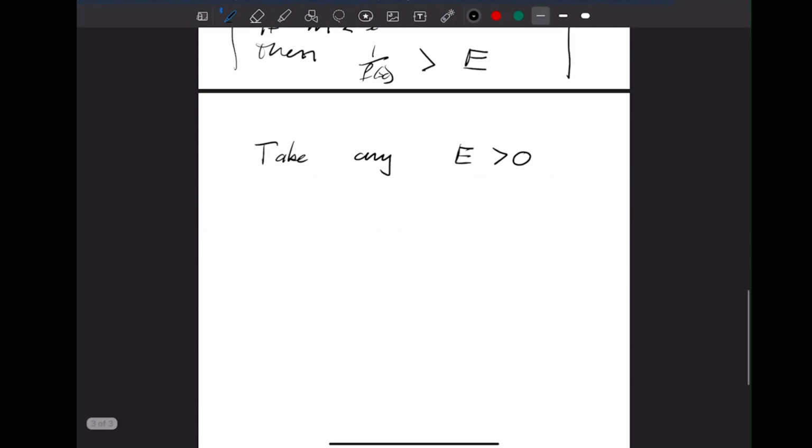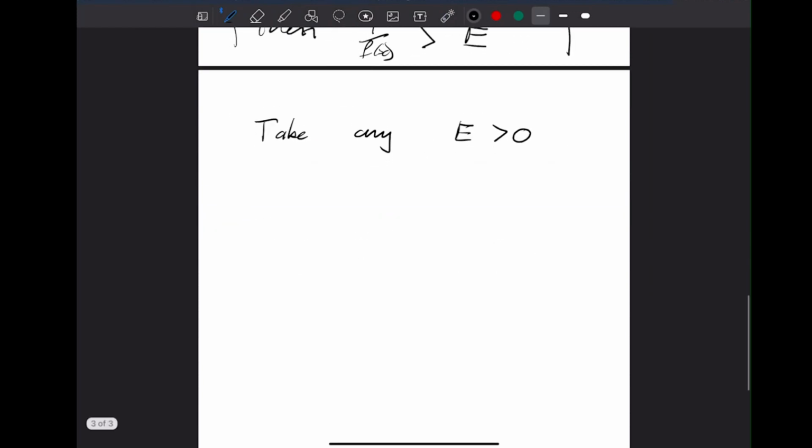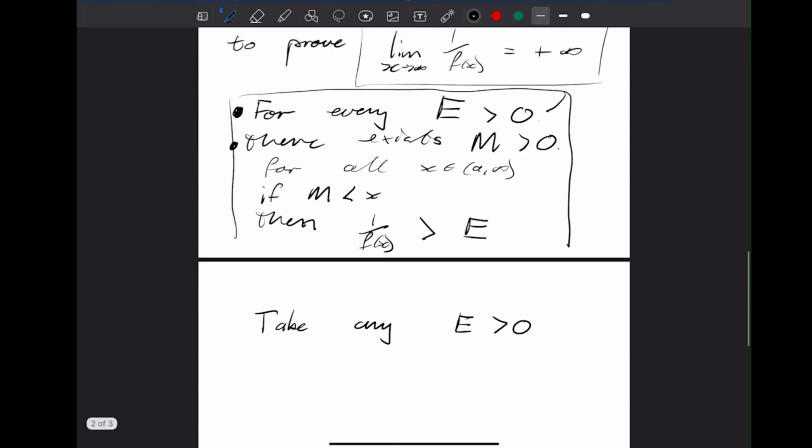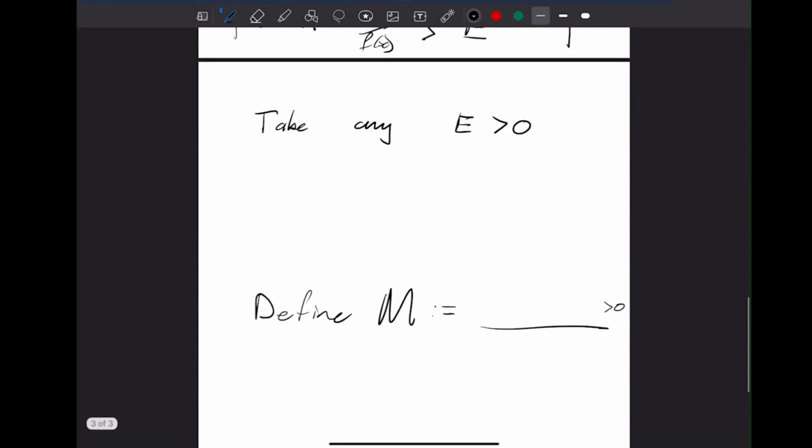So we take any E. And then we have to show that there exists an m. So we have to define an m. And this m needs to be positive. We don't know how to do that at the moment.